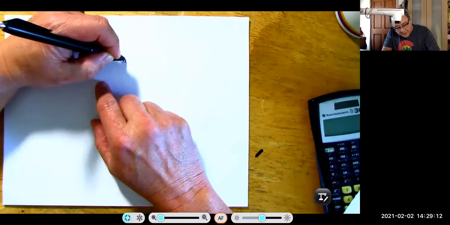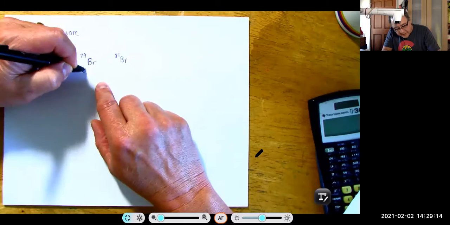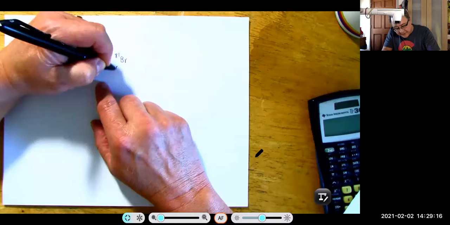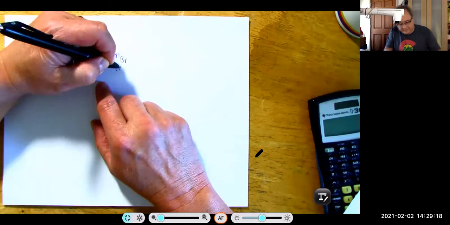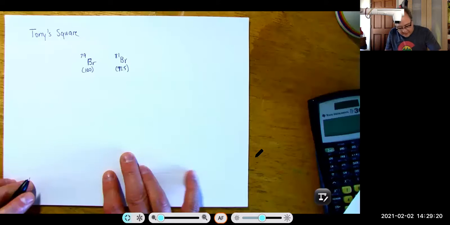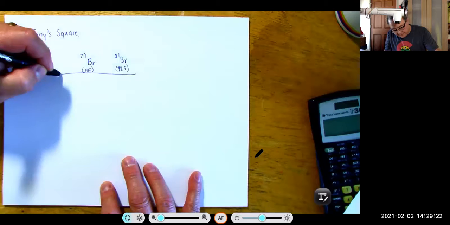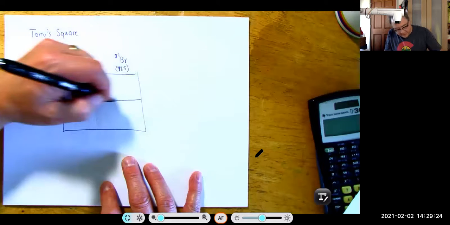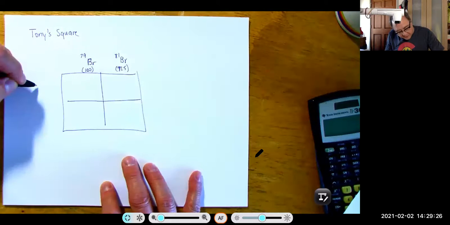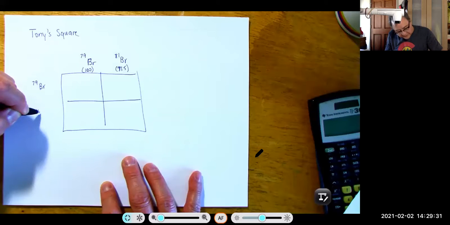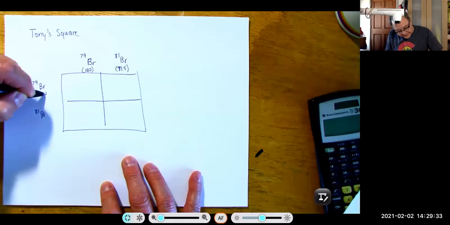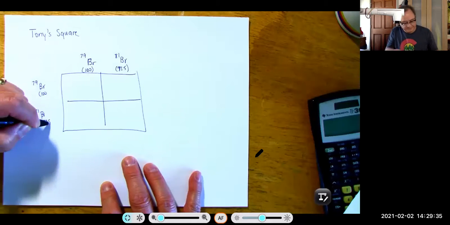And remember, the bromine 79 is a 100 and the 81 is a 97.5.